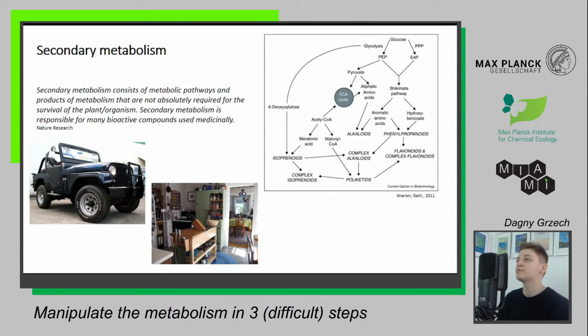So in the small letters, you can see the products of primary metabolism, and in capital letters, you can see classes of different secondary metabolites. And as you can see in this metabolic network, basically all the secondary metabolites come from the products of primary metabolism, which is a very important thing to remember and consider when engineering secondary metabolism in living organisms.